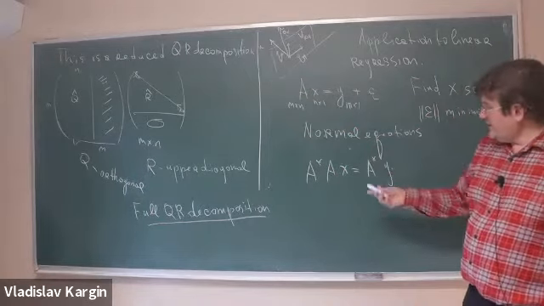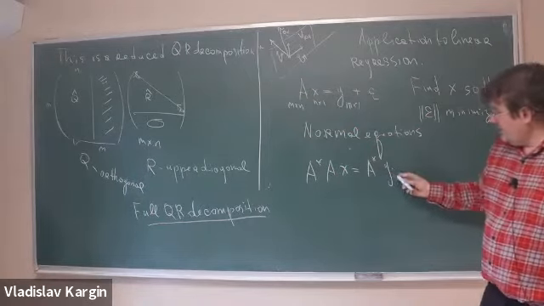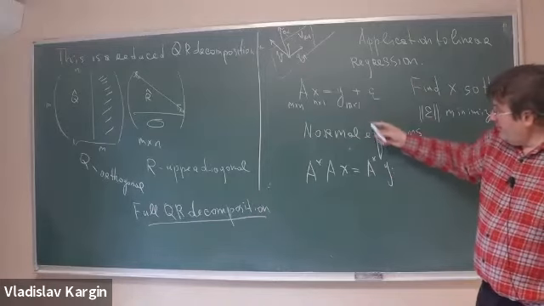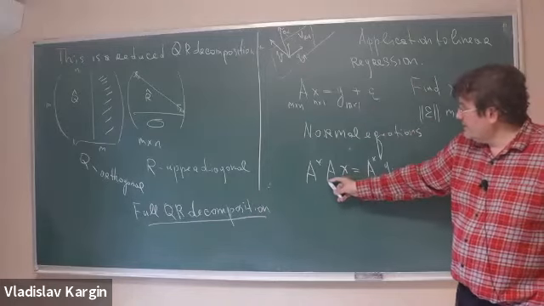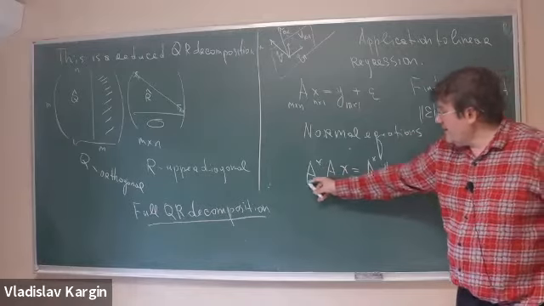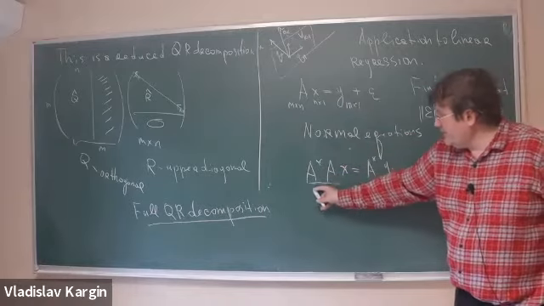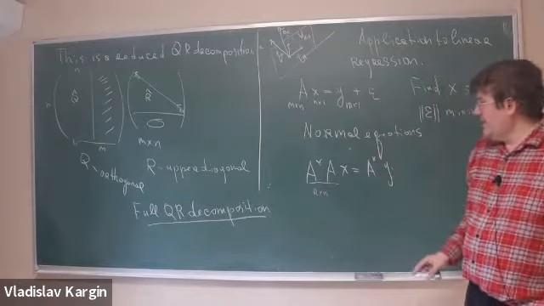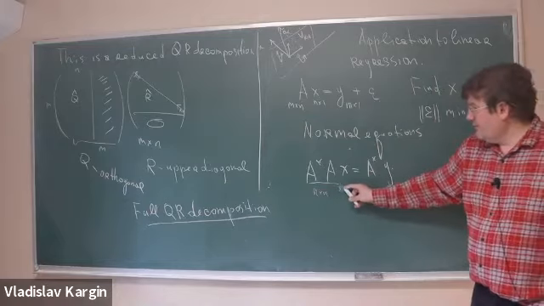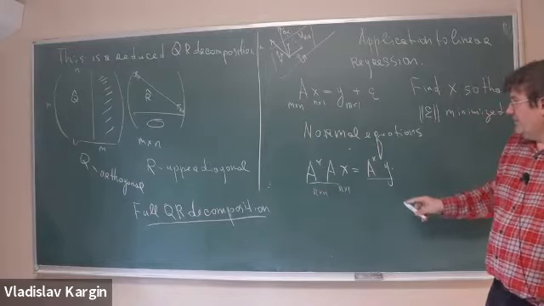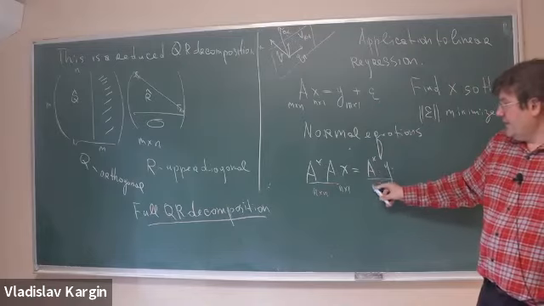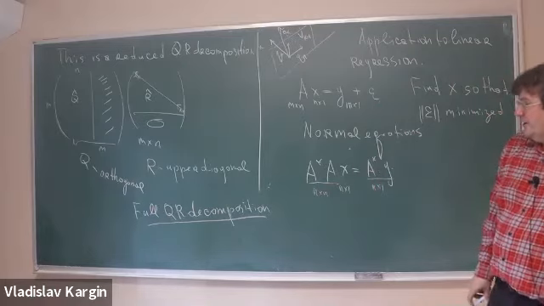So this was m by 1, and this was an m by n matrix. But after multiplying, this is an n by n matrix, this is an n by 1 vector, and this is an n by 1 vector.